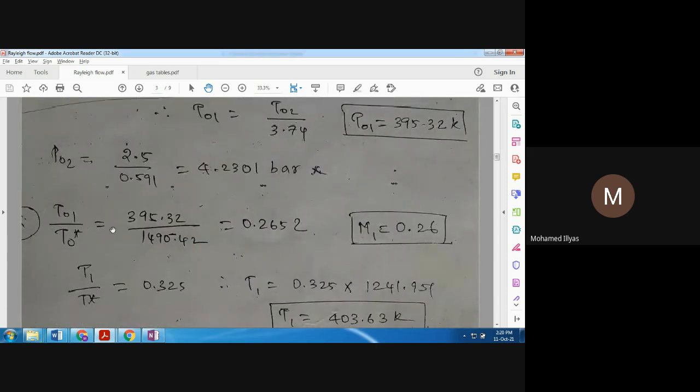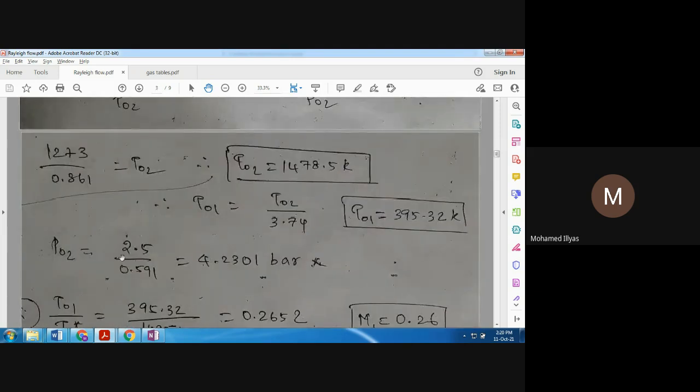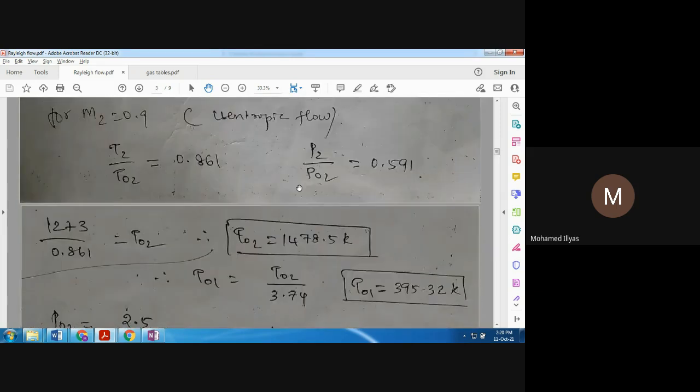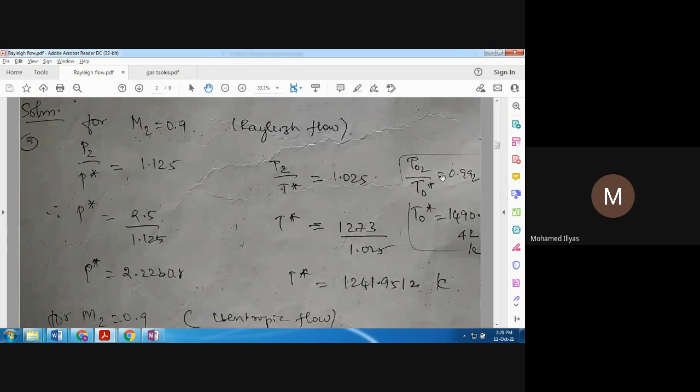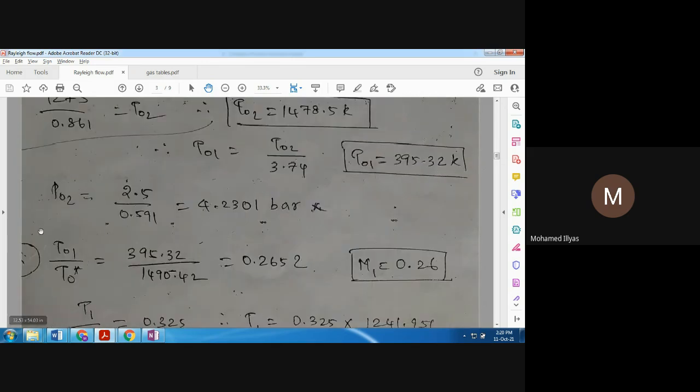After getting this T02 here, we substitute it and got T0 star. We know T02 we have substituted here, so we got T0 star here. Now we'll form a ratio called T01 by T0 star, because we know T01. The reason is we need to get the inlet properties now, which are the parameters we need to find as per the problem.